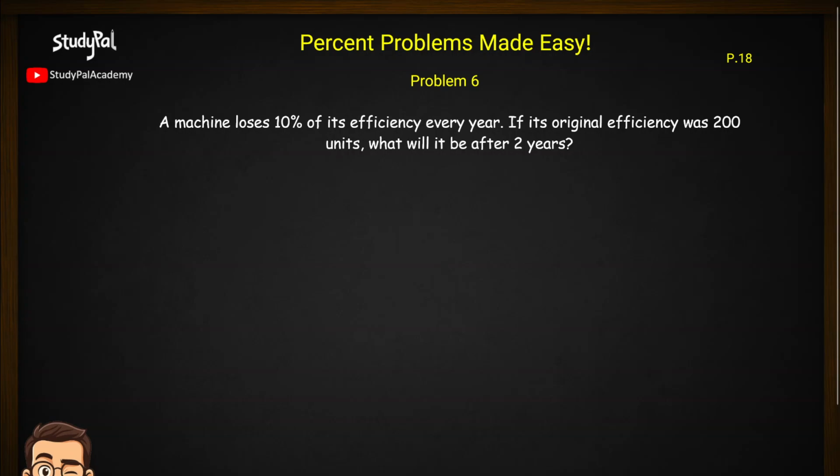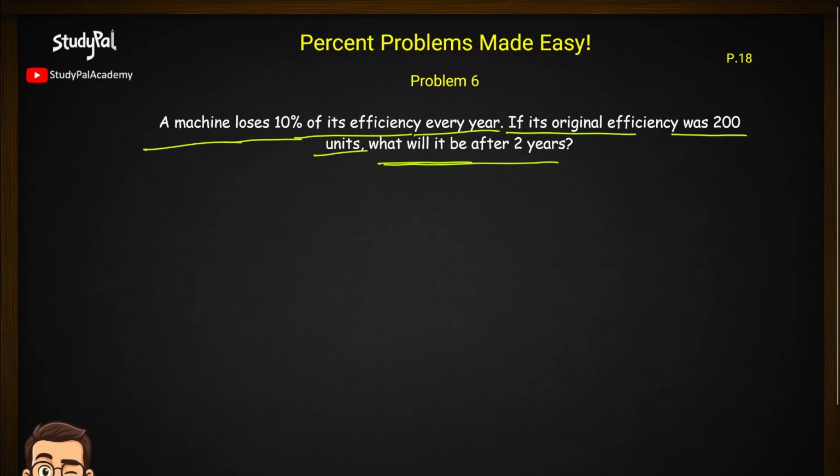Next and last question asks, a machine loses 10% of its efficiency every year. Its original efficiency was 200 of something. We don't care about the unit here, but imagine that it was 200 units of something. What will it be after 2 years? We're going to determine the efficiency of the machine after 2 years.